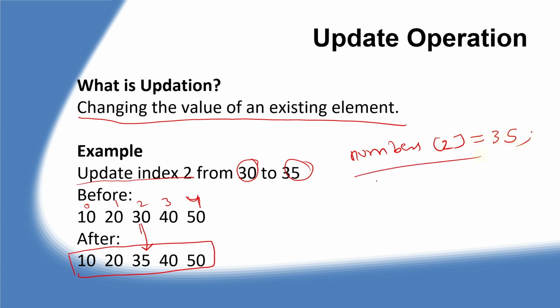By this line, it will update the value to 35. So to update an element, we directly access the required index and assign a new value. No shifting of elements is required in the update case.